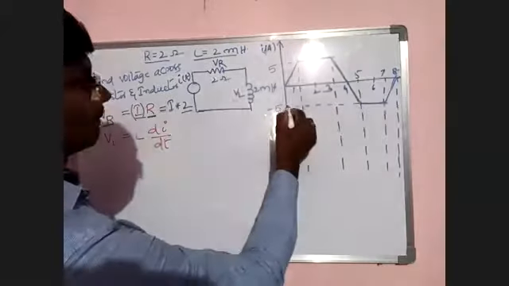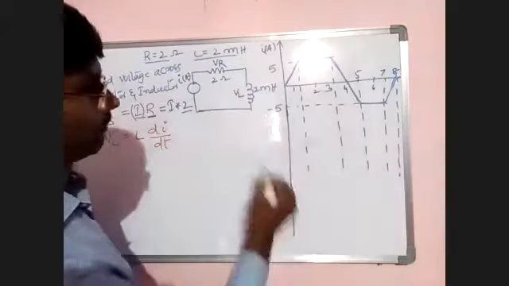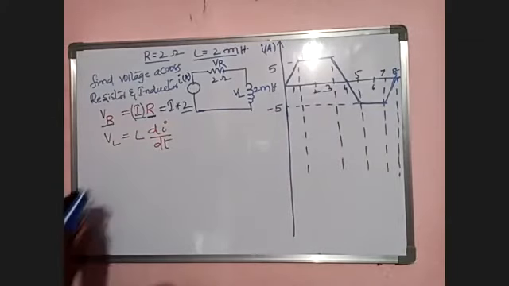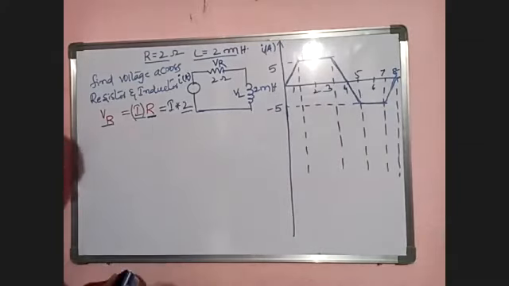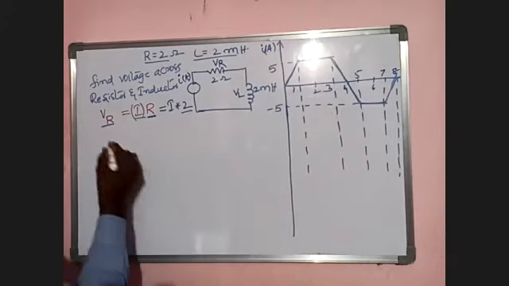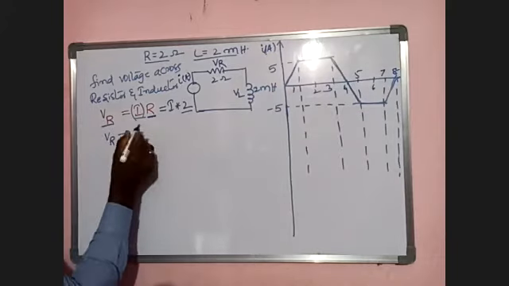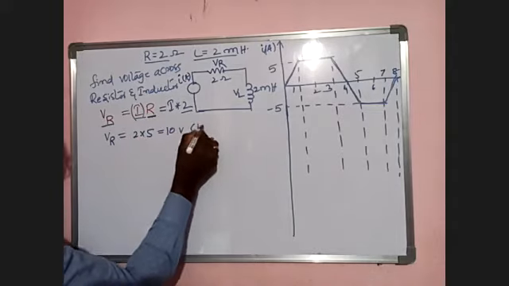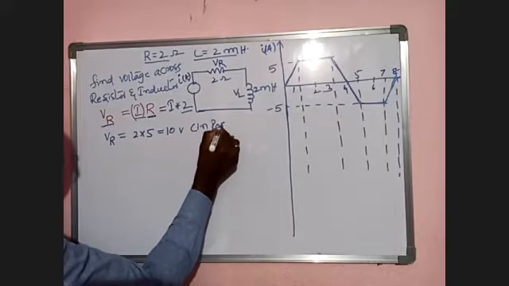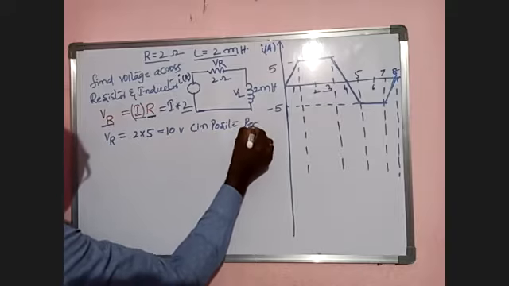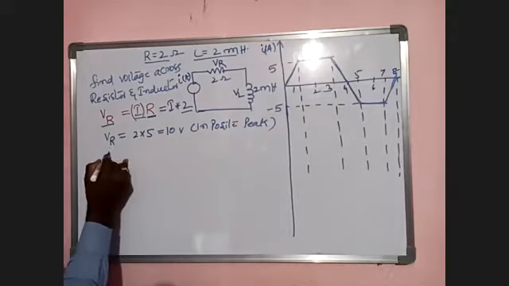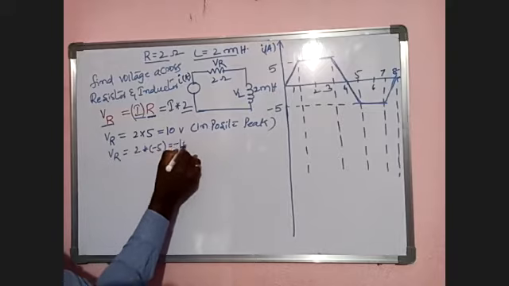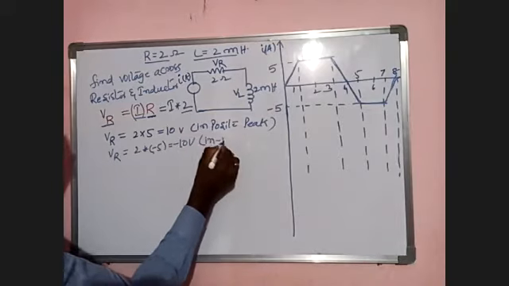That is the positive peak. The positive peak: VR is equal to 2 into 5, which is 10 volts. Okay. In the same way, VR is equal to 2 into -5, which is -10 volts in the negative peak.